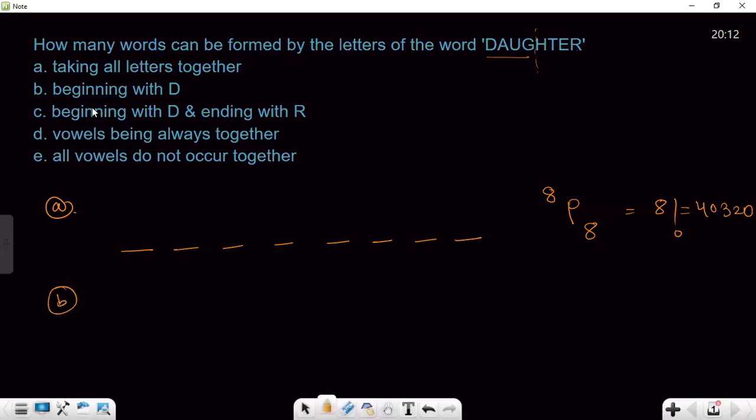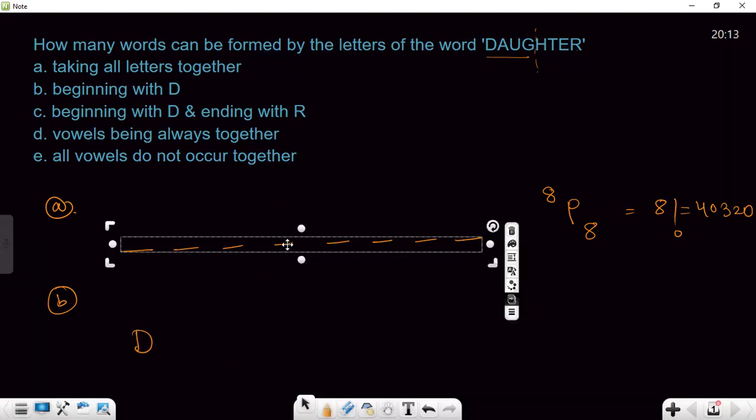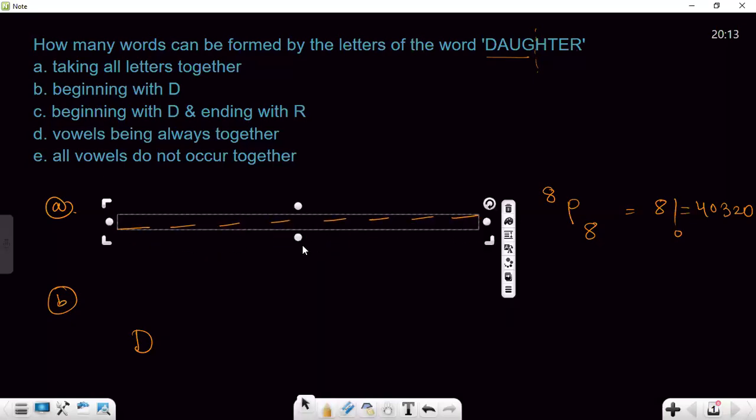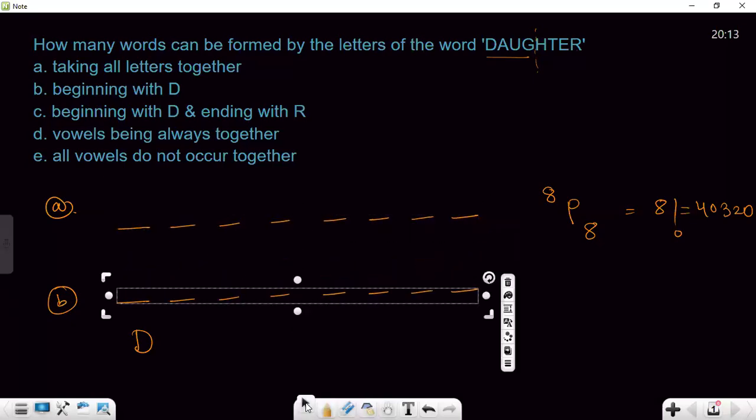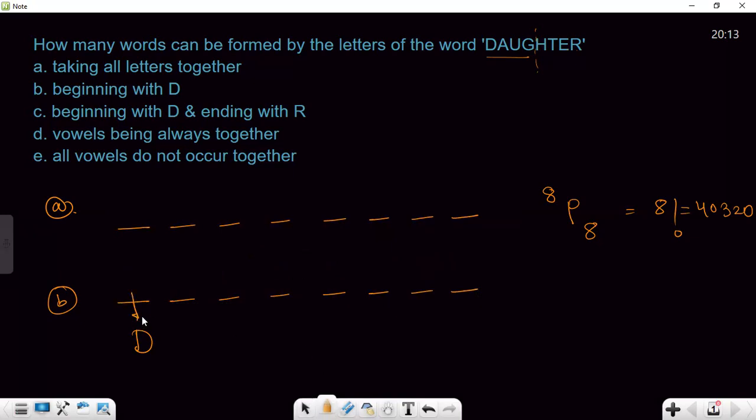The B part. In this case, we have to make all the words starting with D. If a word is going to start from D, then the first place is fixed. We write D here. So the first place is fixed, D is going to be used.